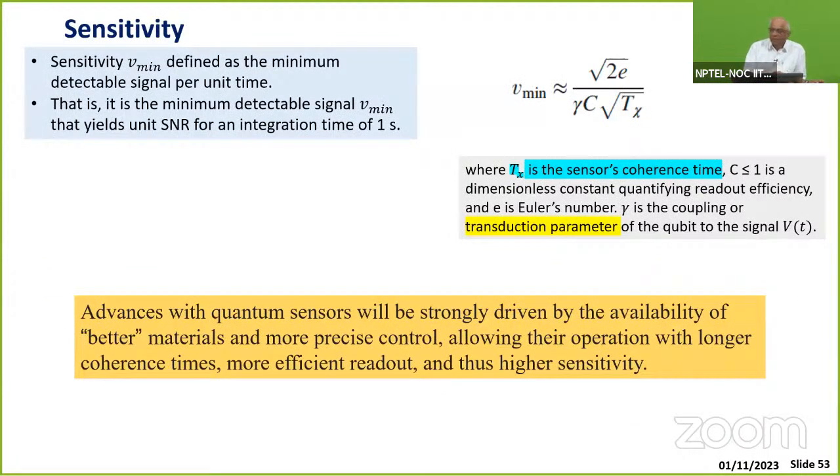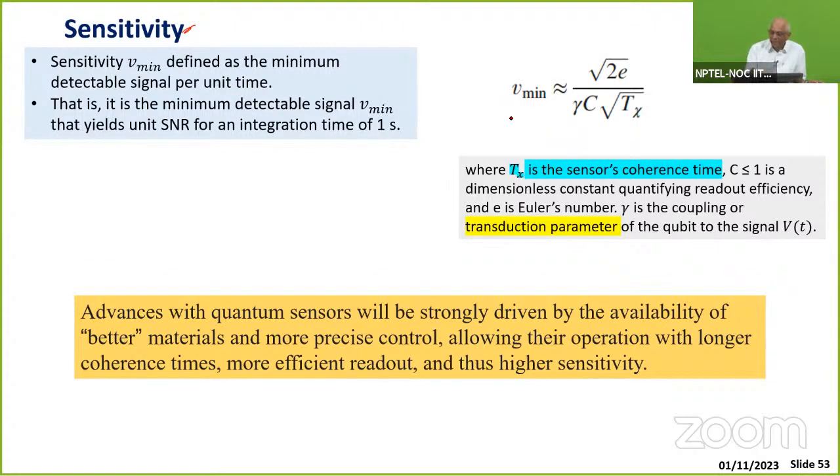For sensing, the most important criterion is sensitivity. Sensitivity is defined as the minimum detectable signal per unit time. That is the minimum detectable signal that yields a signal to noise ratio of unity for an integration time of 1 second.